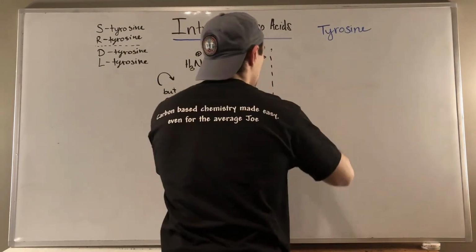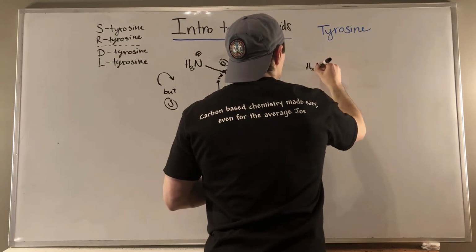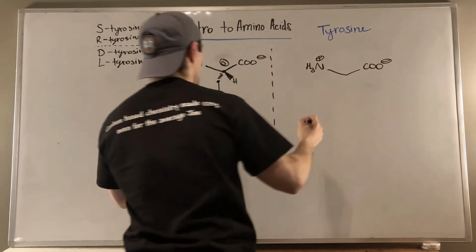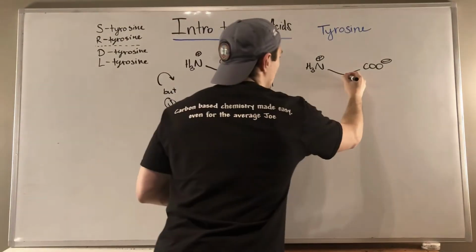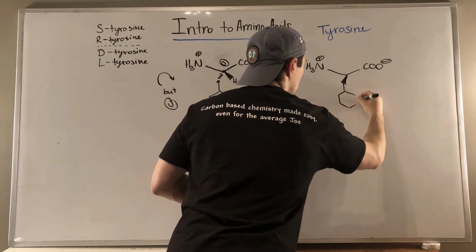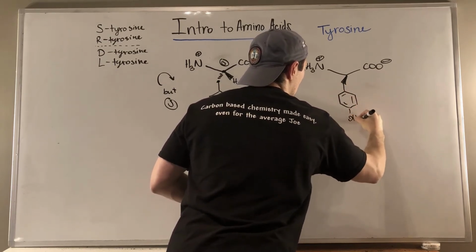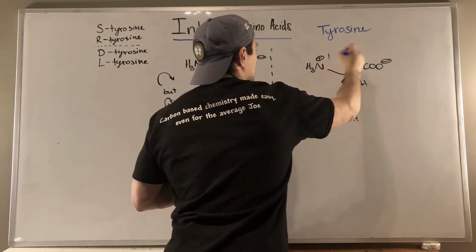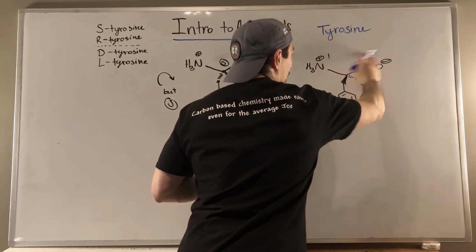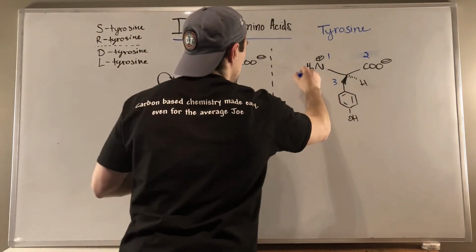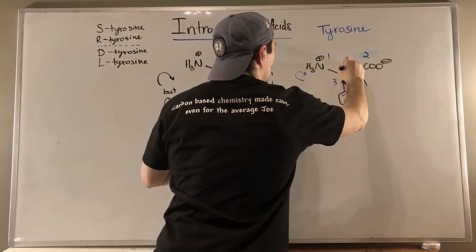To represent R-tyrosine, all you need to do is flip the wedges and dashes for your R group and your hydrogen, right? So now the R group is what's wedged, and our hydrogen is dashed, right? So then we look like R and we actually are R. Turn the wheel to the right. We got an R, okay?